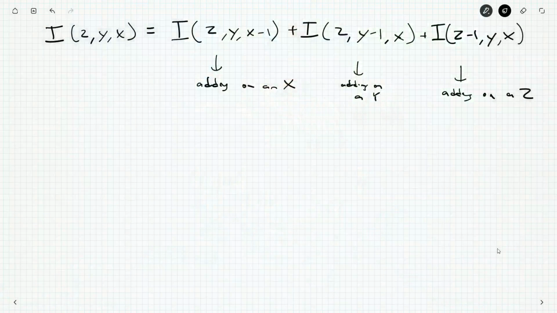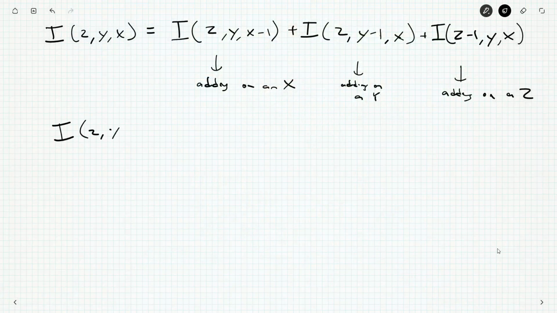But the question is, can I always add on a Y? And the answer is no. I can't move Y if Y minus 1 is equal to Z, and I can't move X if X minus 1 is equal to Y. So those would be 0, I think.